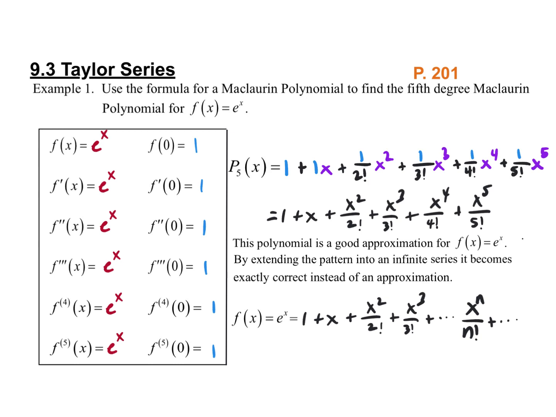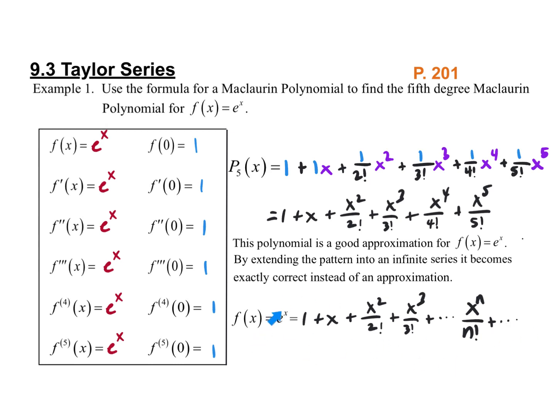This would be an infinite series of the Taylor polynomial. This is the Taylor series for e to the x. And understand again what this is. This equals this, not an approximation anymore.